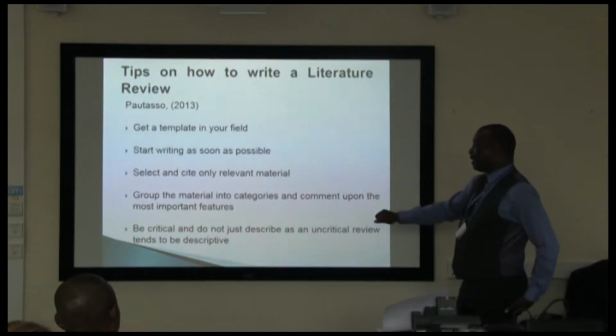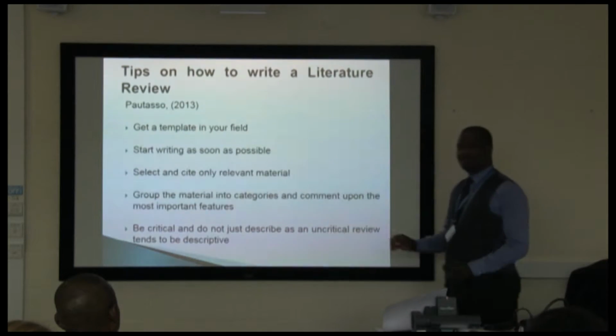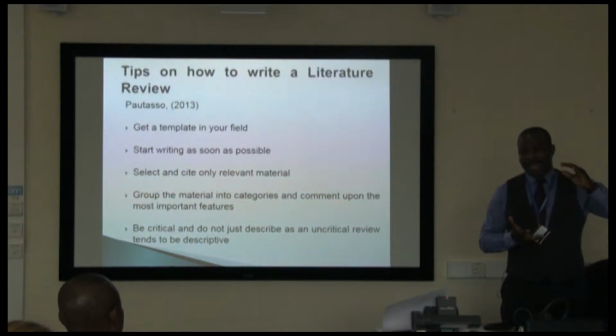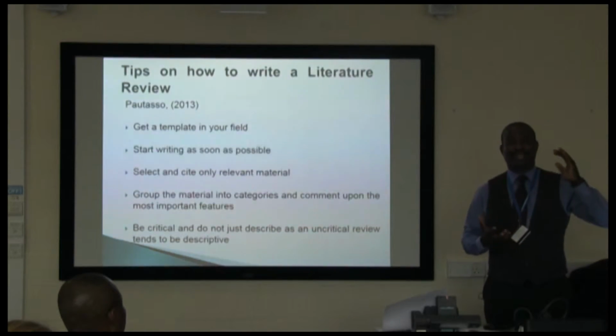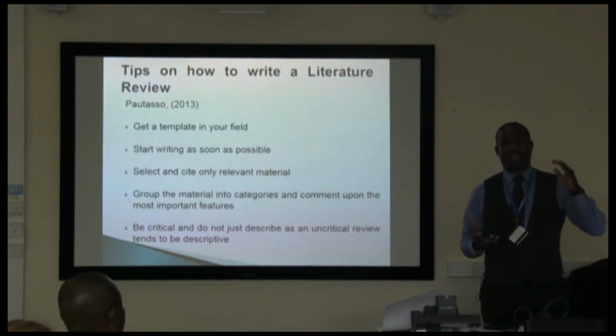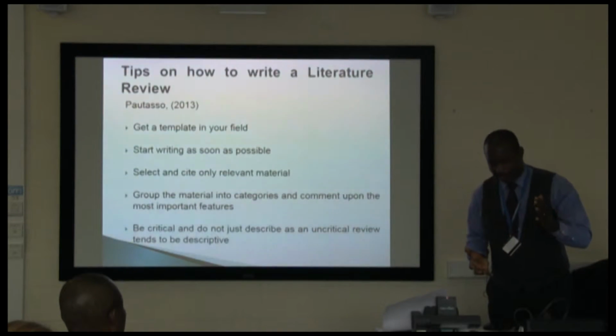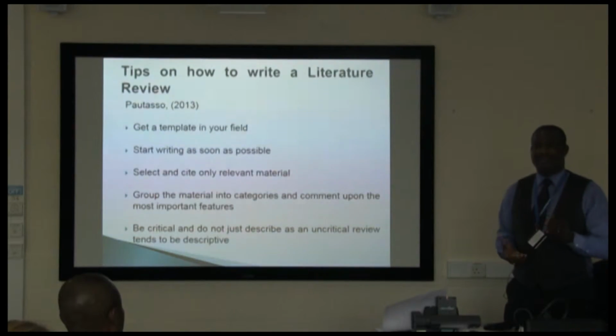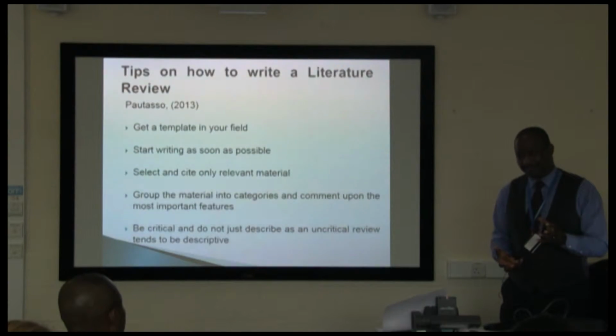Be careful and do not just describe, because there is a tendency: I've got 80,000 words, how on earth am I going to be able to write 80,000 words? That's usually one of the things that challenges most PhD students. But I can assure you, by the time you start writing, you write 120,000.